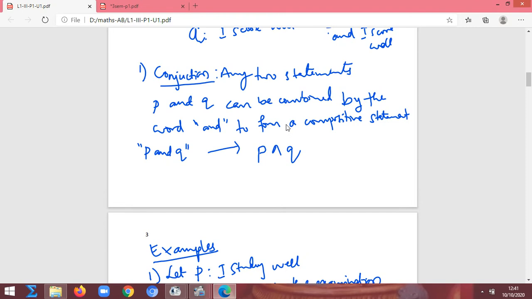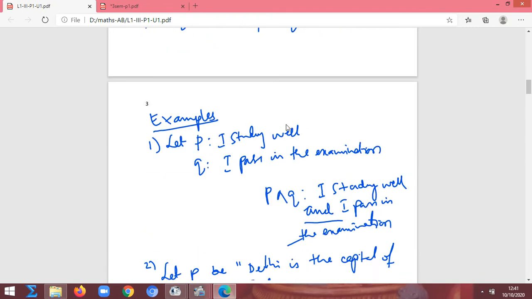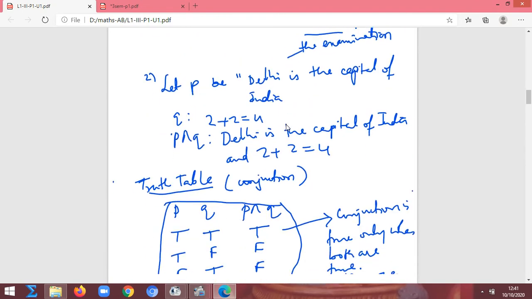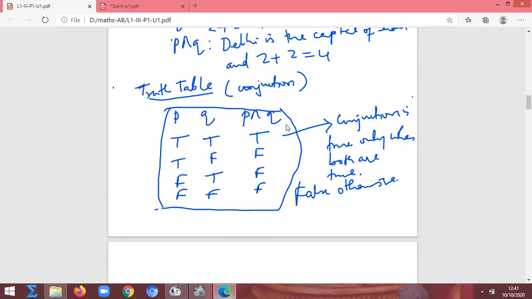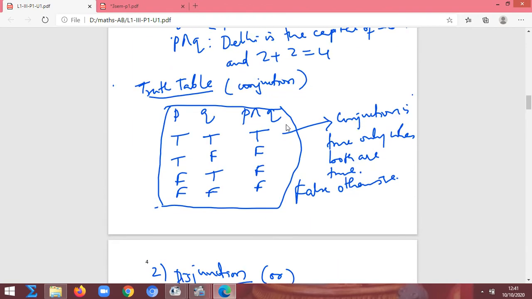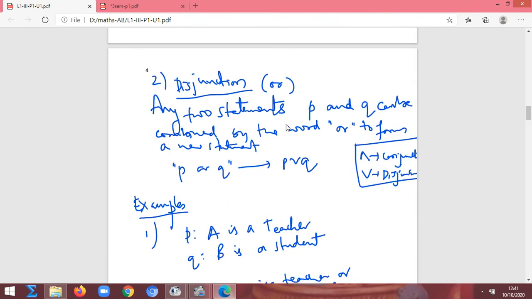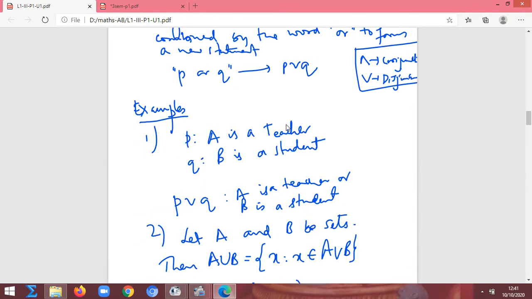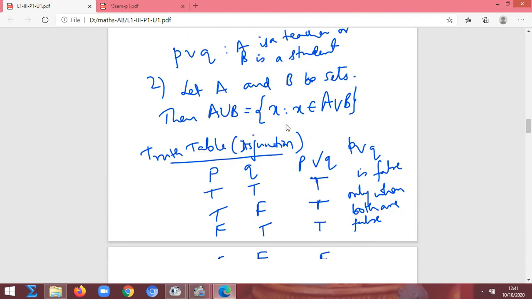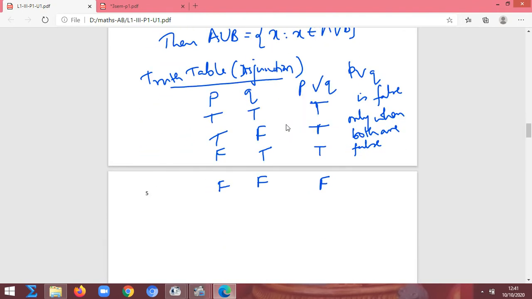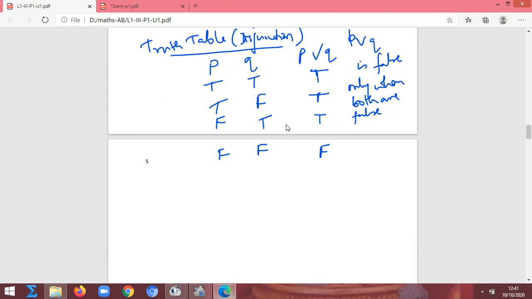In that first one, conjunction, and we have seen examples for conjunction and the truth value of p conjunction q, and we have seen what is disjunction, that is or, and examples of disjunction and truth table for disjunction.